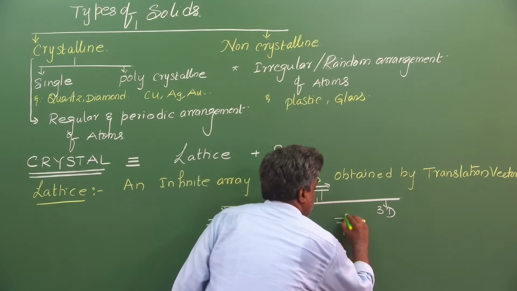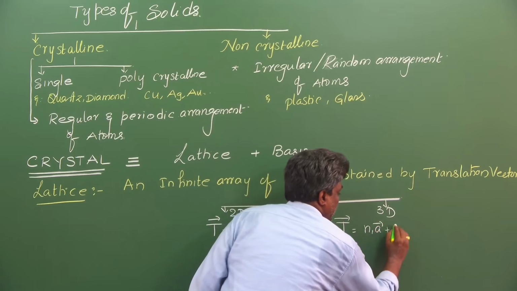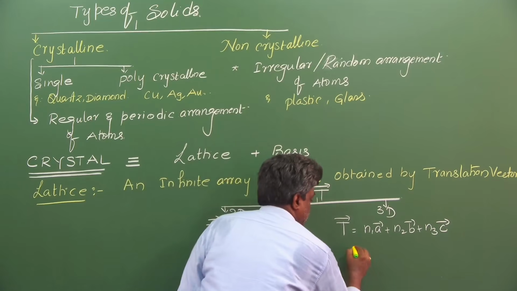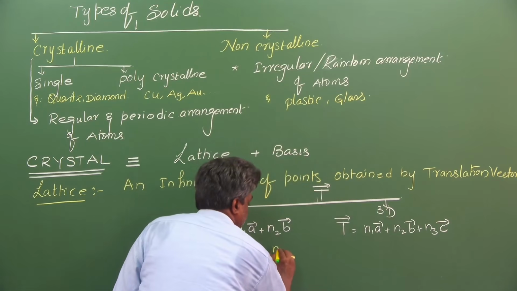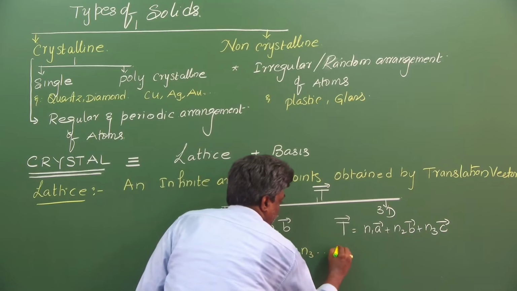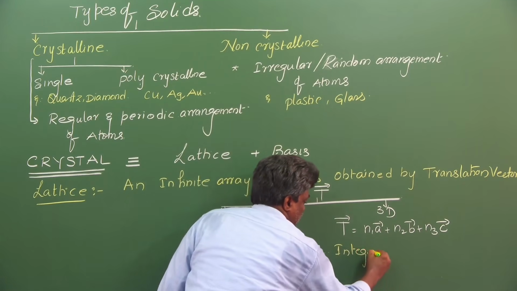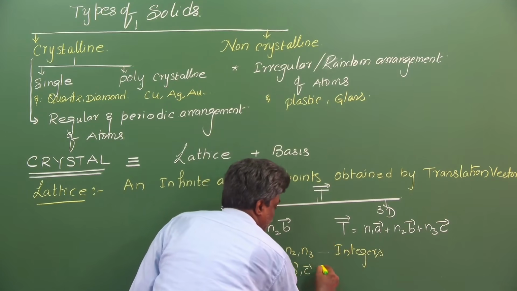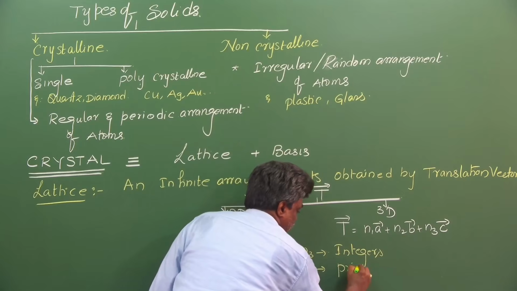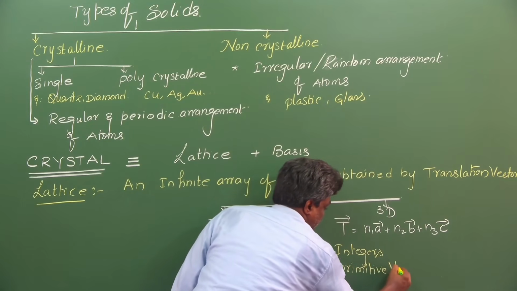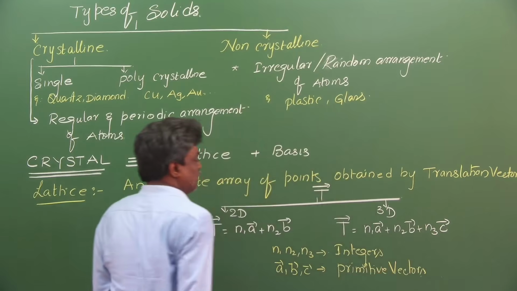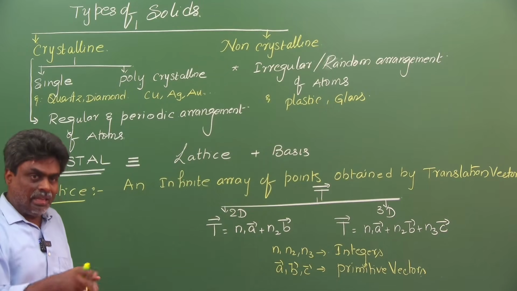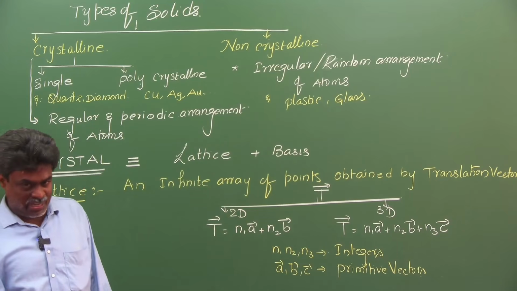In 3 dimensions, it is N1 A bar plus N2 B bar plus N3 C bar. Here A, B, C are primitive vectors, and N1, N2, N3 are integers. Generally this T bar is represented by T N1 N2 or T N1 N2 N3, depending on whether it is 2 dimension or 3 dimension.